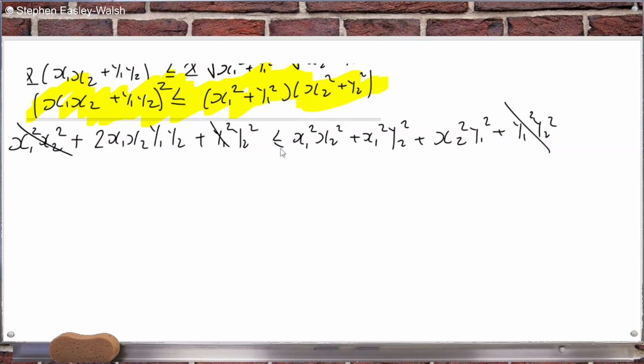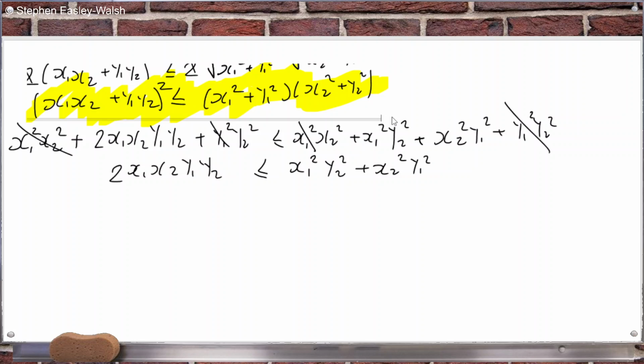Cancel. Cancel. So I need to show that 2 X1 X2 Y1 Y2 is less than or equal to X1 squared Y2 squared plus X2 squared Y1 squared.